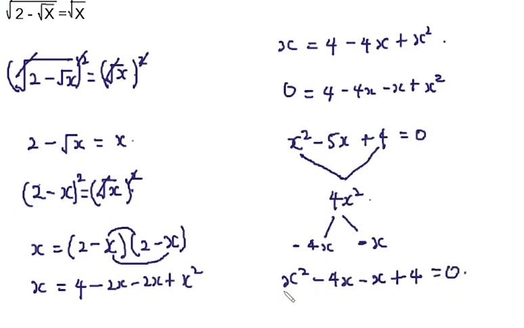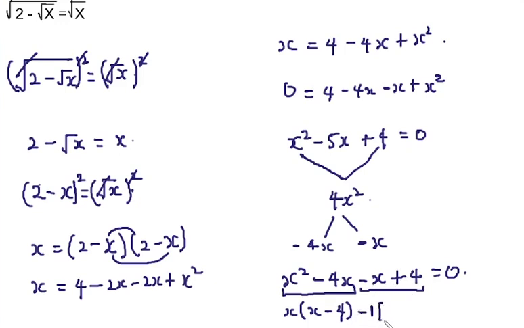So factorizing the first two terms, the common term here is x. So open brackets, if you factorize x from x squared, you have x, minus, factorize x from minus 4x, you have minus 4. And then factorizing these next two terms, the common term here is, we factorize minus 1 from here.